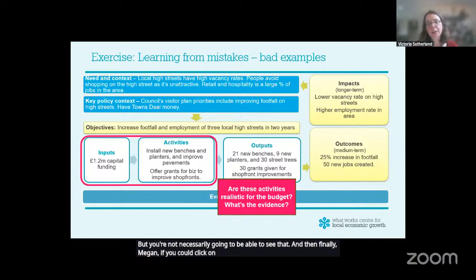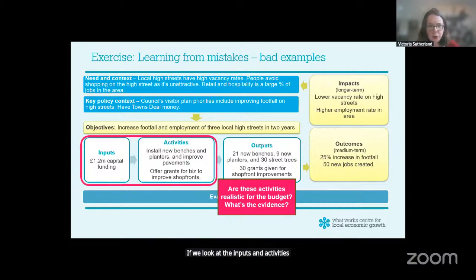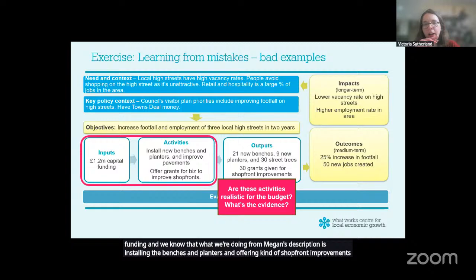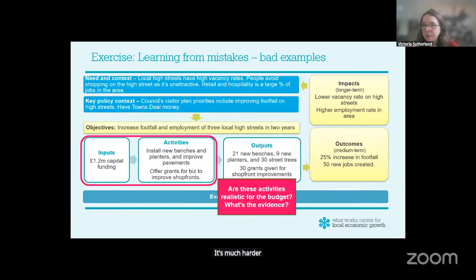And then finally, Megan, if you could click on, if we look at the inputs and the activities, so we've got 1.2 million capital funding, and we know that what we're doing from Megan's description is installing the benches and planters, and offering shop front improvements. It's much harder to criticise here, but I would use this as a way of thinking, does that budget and that set of activities lead to those outputs, outcomes, and impacts?